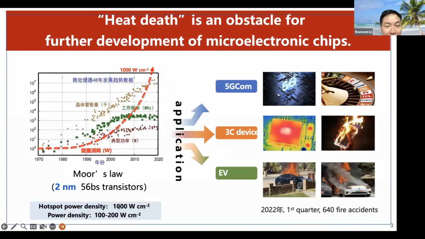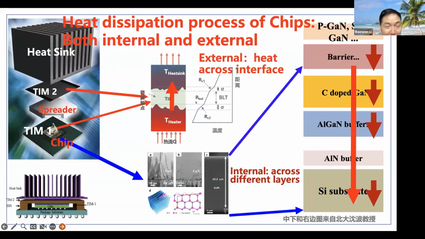For some hotspots, the power density is 1,000 watts per square centimeter, which is about 10,000 times the sun's power at the Earth's surface. So the heat problem becomes a very big issue for microelectronic chips. This includes 5G communication, consumer devices, electric vehicles, batteries, and so forth.